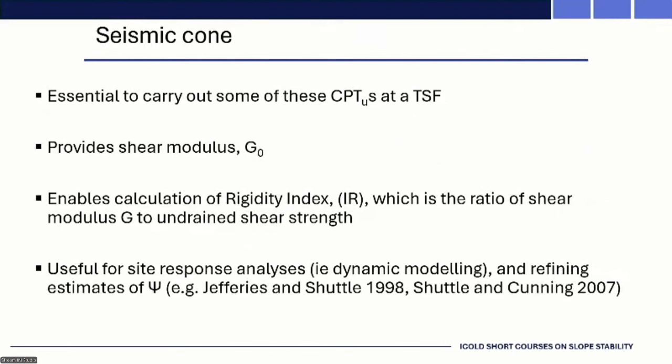We're seeing a lot of refinements or additions to the CPT. People using the SCPT, seismic cone. Some of the contractors can measure P-wave velocities. That's a compression wave. That can be useful for trying to detect the phreatic surface. But you can also pick up false positives if you've got a perched phreatic surface. But the seismic cone can give you a good measure of shear modulus.